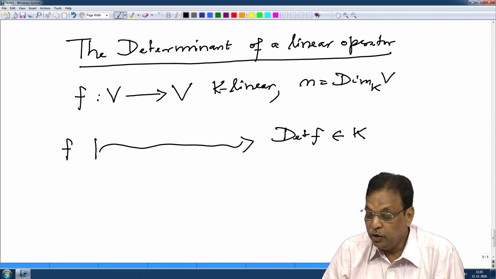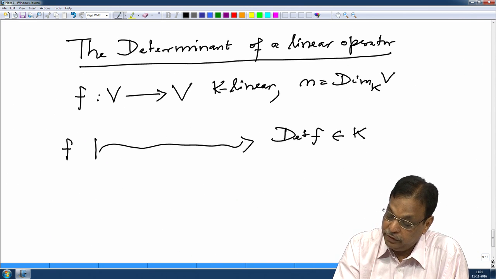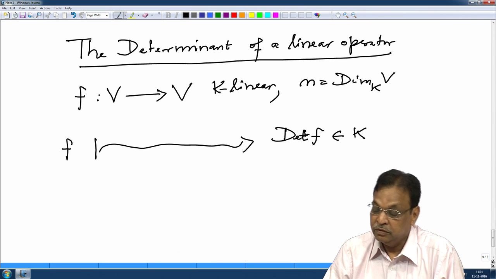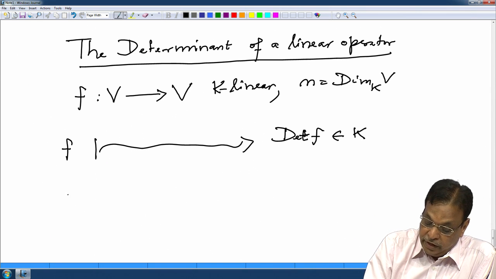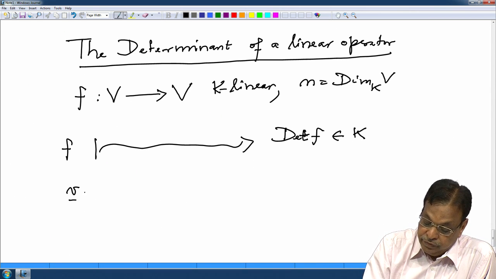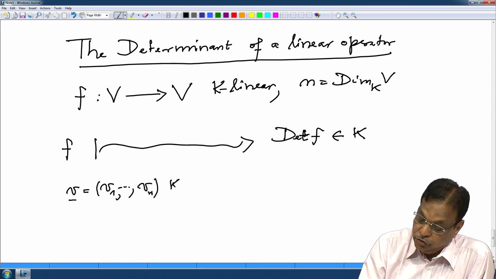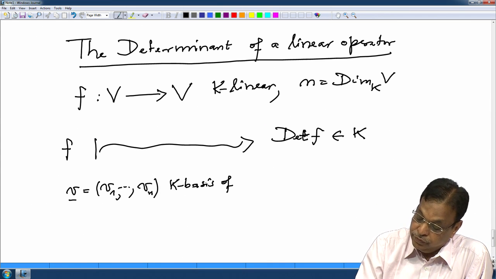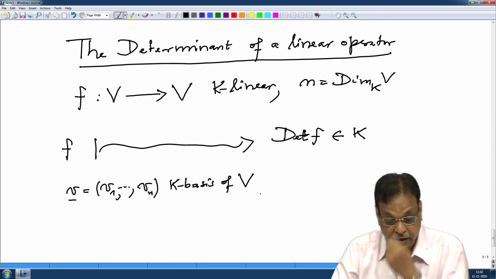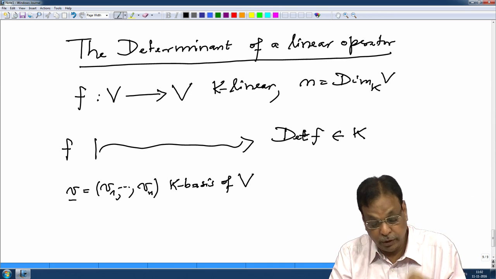And one can do this in two possible ways. One is to take any basis V1 to Vn, a K basis of V, and take the matrix of f with respect to this basis.